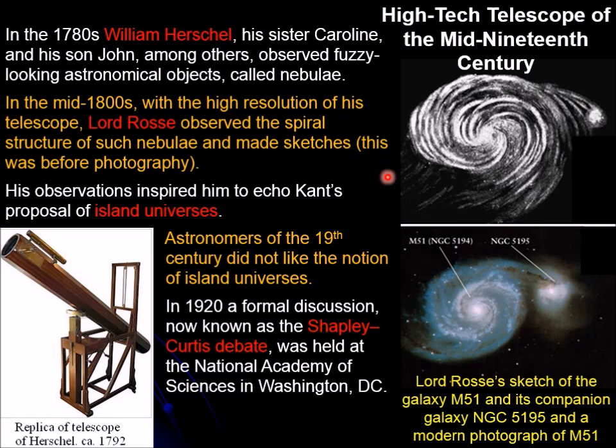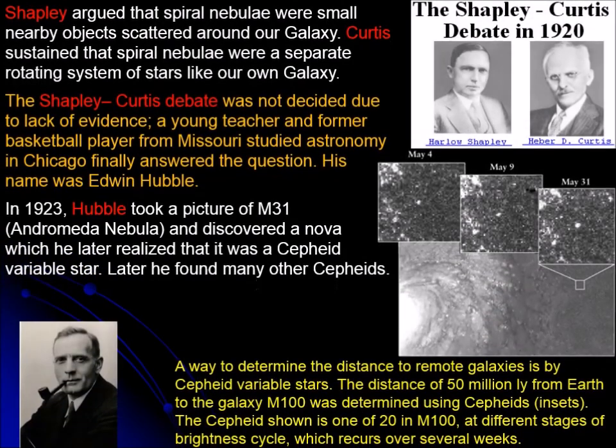In the 1920s, there was a formal discussion between these two guys, Shapley and Curtis, held at the National Academy of Sciences, about whether we were the only game in town or not. Shapley, here on the left, said that the nebulae were small objects sprinkled in our own galaxy.